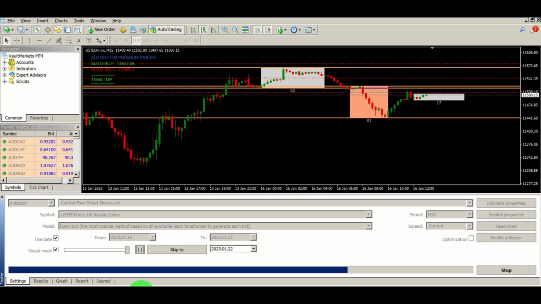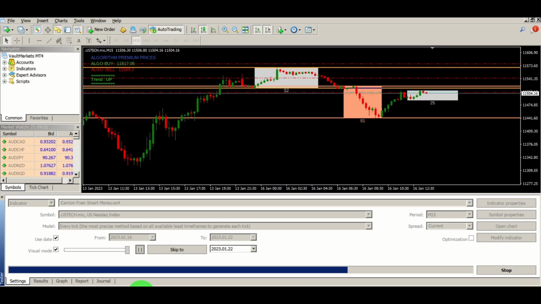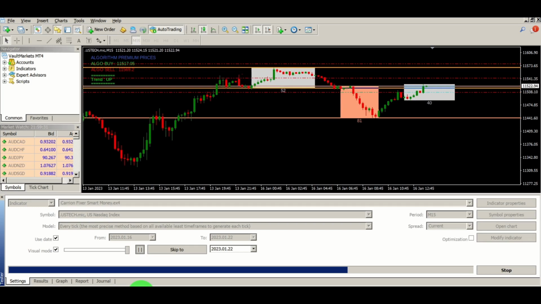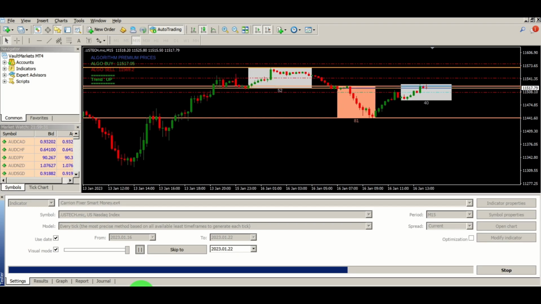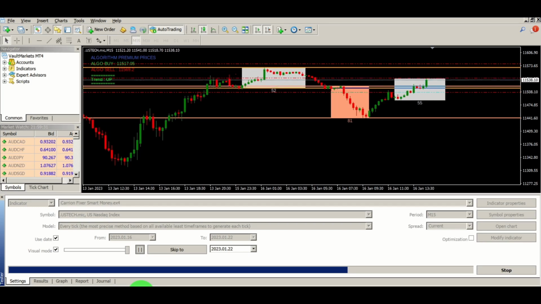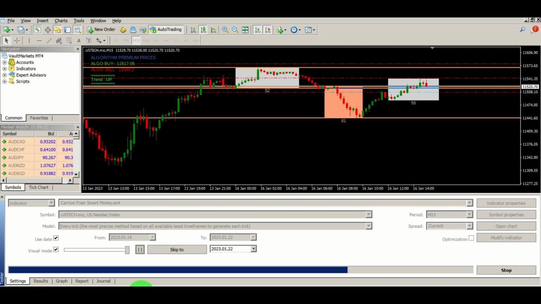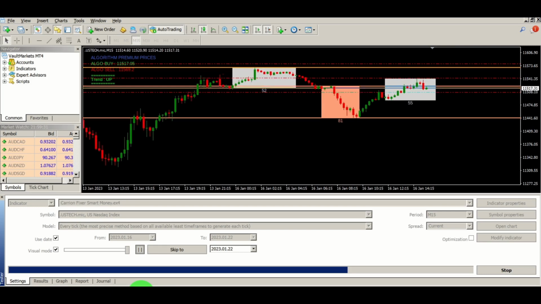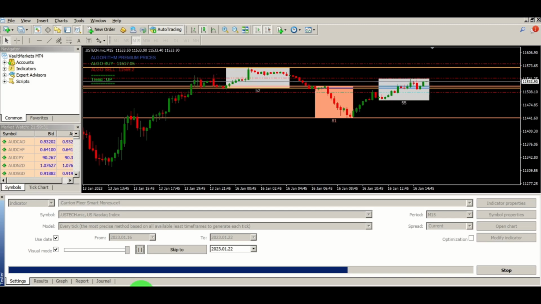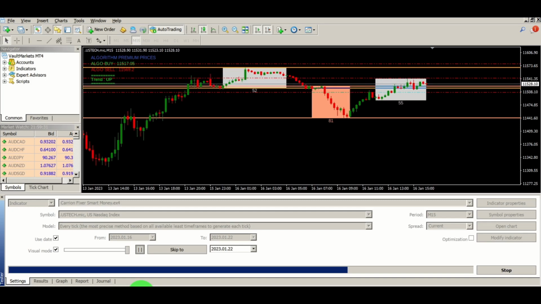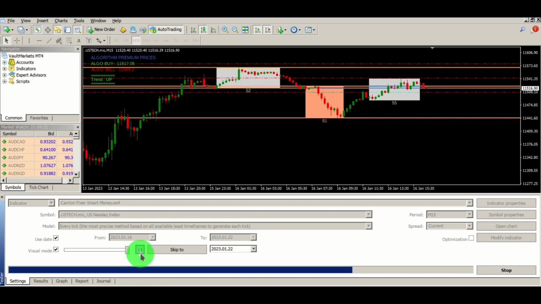And by the way, this is Nasdaq 100. And now we are in New York session. New York is playing out. Let's see. Okay, so we are done with New York session.